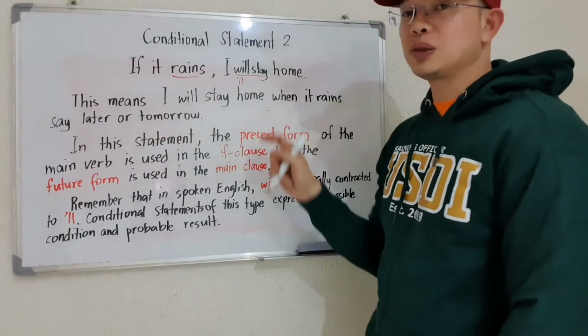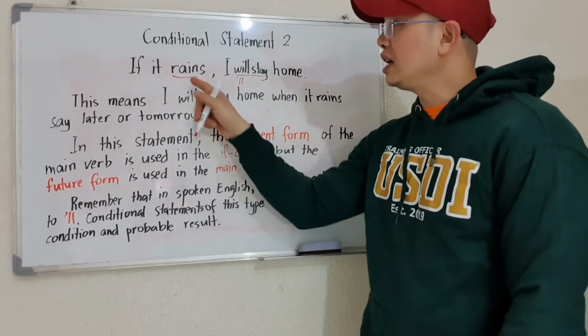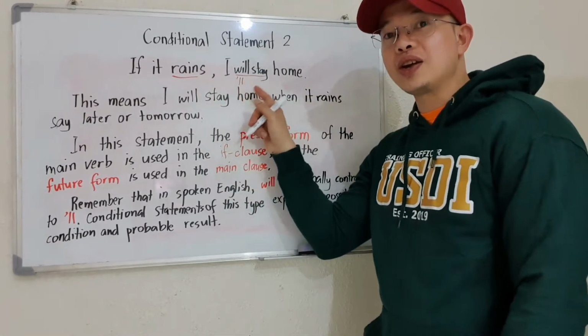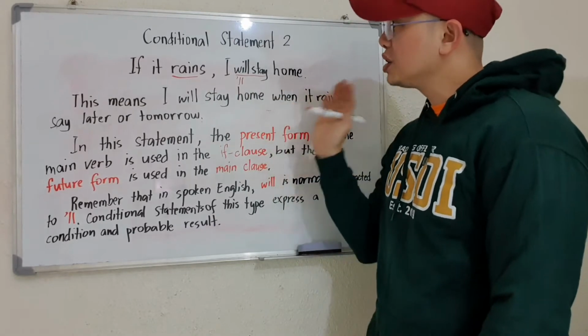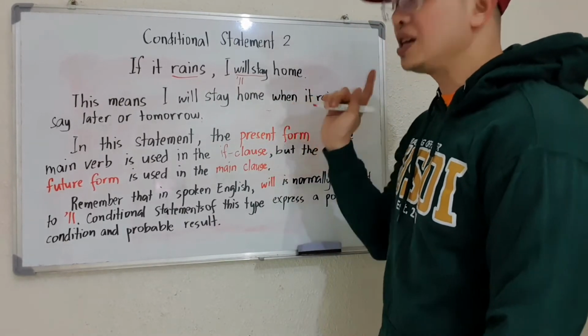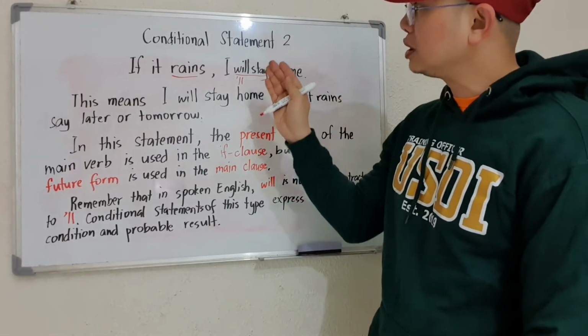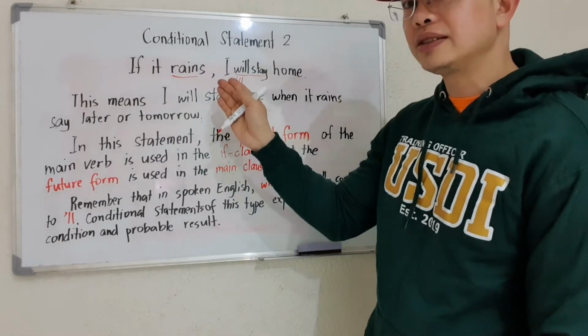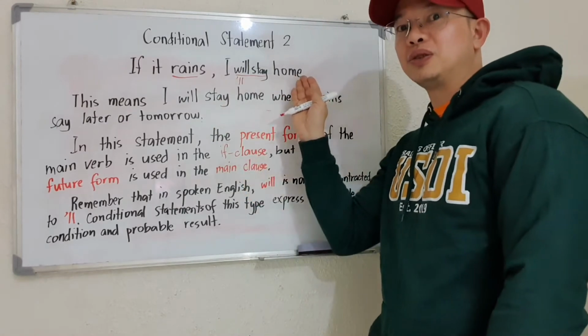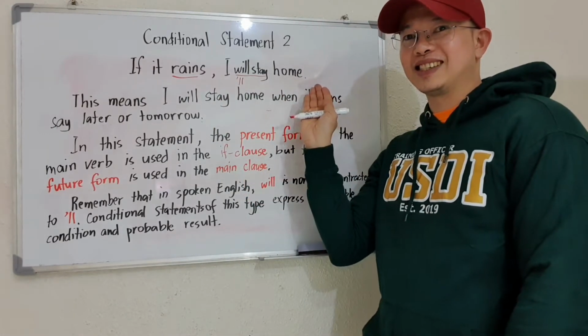You can say in spoken English, if it rains, I'll stay home. Conditional statements of this type express a possible condition and a probable result.